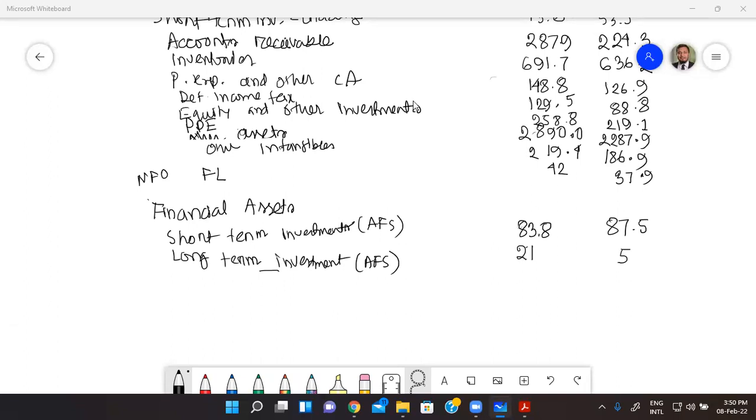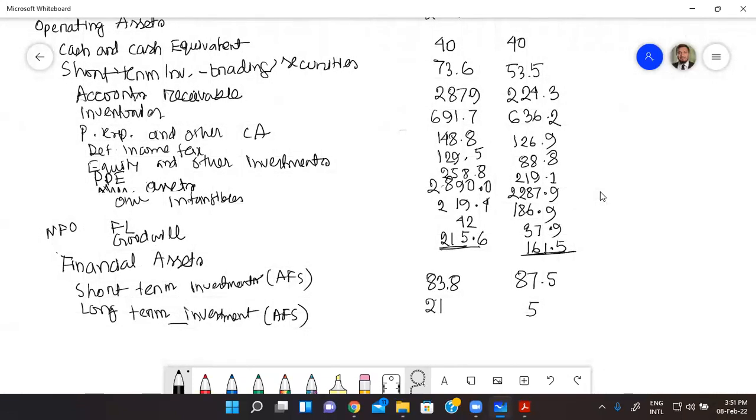Now, whatever the goodwill is, this amount, it is operating part. No more ambiguity about this. 215.6 million and 161.5 million. Okay, so we have got the total operating assets here. Can you please sum up all the total operating assets? We'll talk about the financial liabilities.